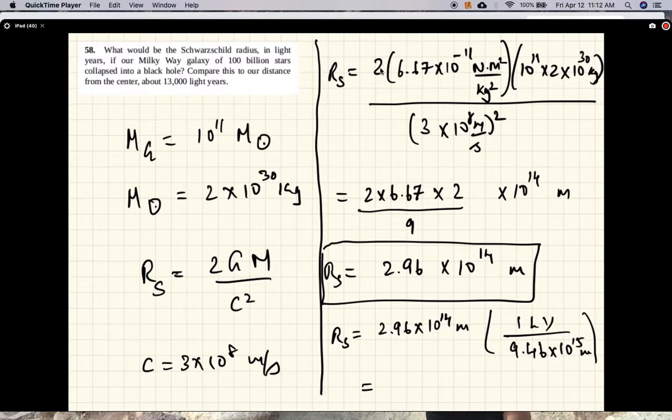So this is divided by 9.46, which gives 0.03 light years. Okay, and so 3% of a light year. And we are asked to compare this to the orbital radius of the sun, which is 13,000 light years. All right, so that just gives you a sense for it.